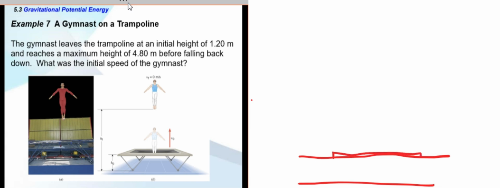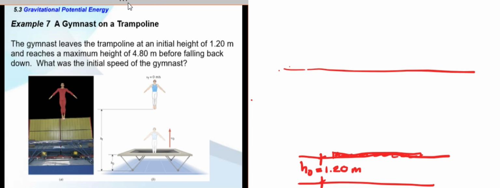So this is 1.20 meters. This is the initial position. Of course the gymnast is at that position on the face of the trampoline, and when the gymnast jumps it reaches a maximum height of 4.80 meters. Let's say this is the maximum height at this point.